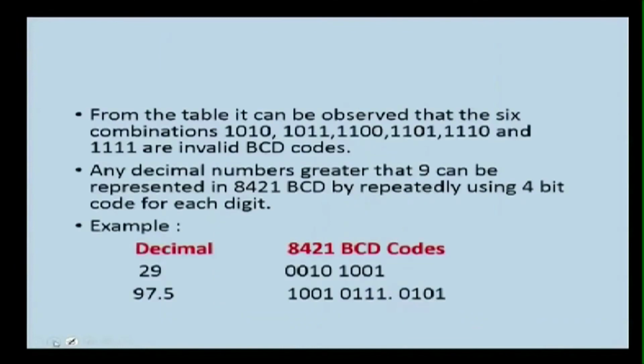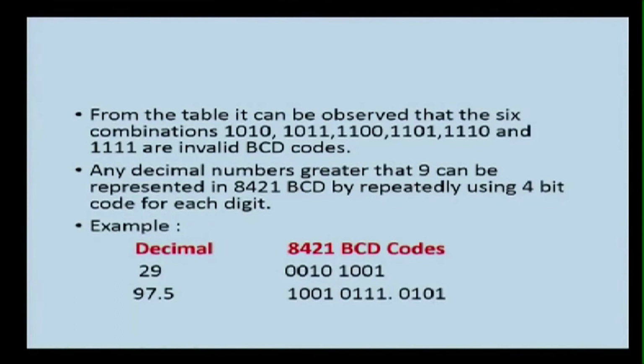What are those codes? Let us see. From the table, it can be observed that the 6 combinations 1010, 1011, 1100, 1101, 1110 and 1111 are invalid BCD codes. So whenever we come across these numbers, we cannot take them as BCD codes at all.